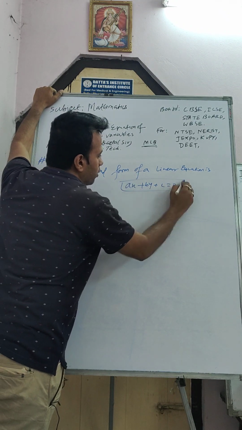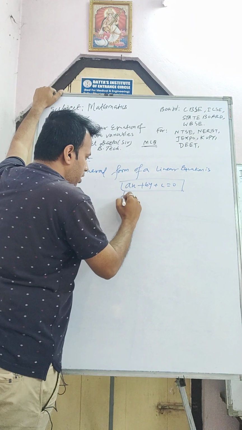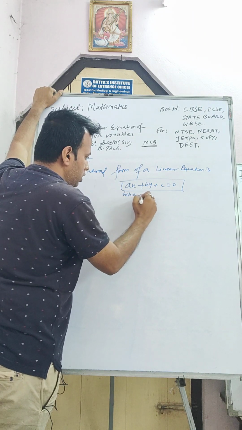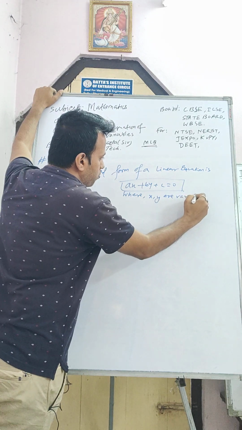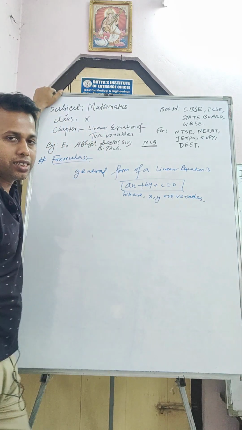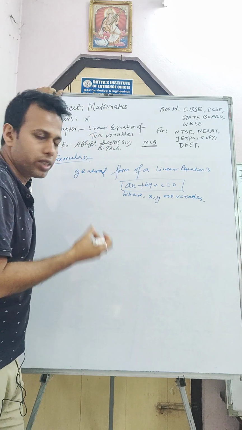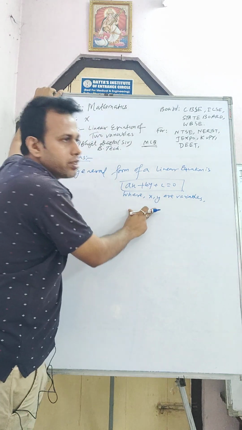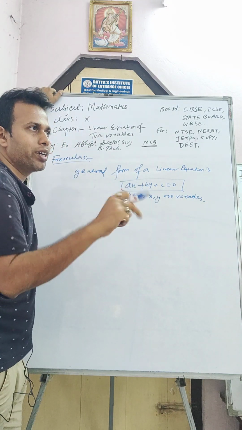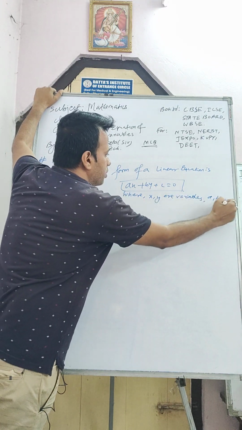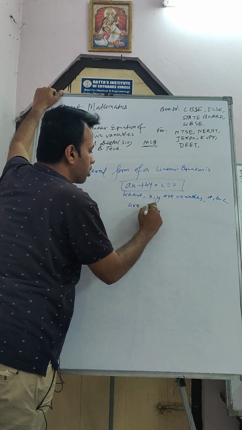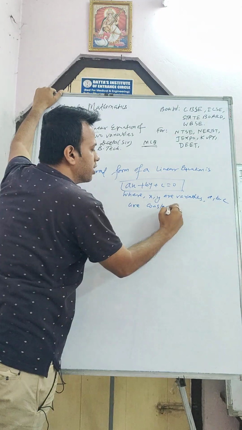This is the general form of a linear equation. Here x, y are variables, which means their values may change, they are not fixed. They can vary, x can be 0, x can be 1, y can be 0, y can be 1, that is a variable. And a, b, c are constants or any integers.